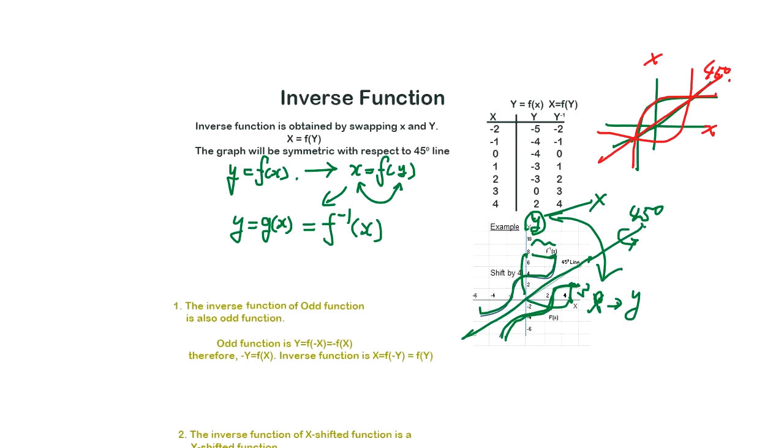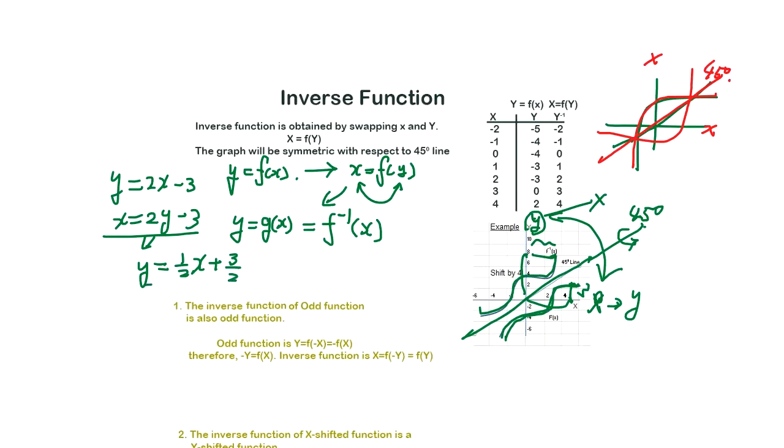The reason is, when the original function is, say, 2x minus 3, then x equals 2y minus 3 is the inverse function. And if you change this to y equals, then plus 3 over 2.